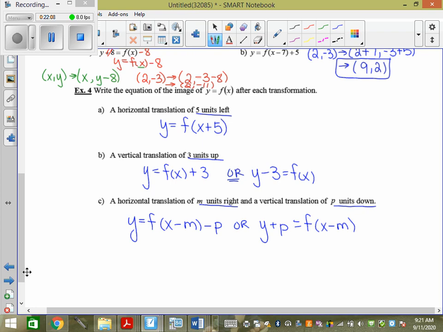Which one's more correct? The one that's on your test. That's the one that's more correct. It's not more correct, it's the only one that's right. They're both equally as good. So if we saw it on the diploma, unless set in the form y equals, then either one would be sufficient. Next page.